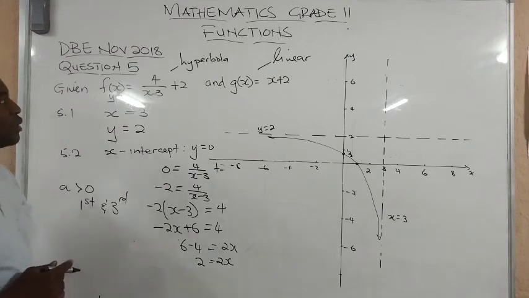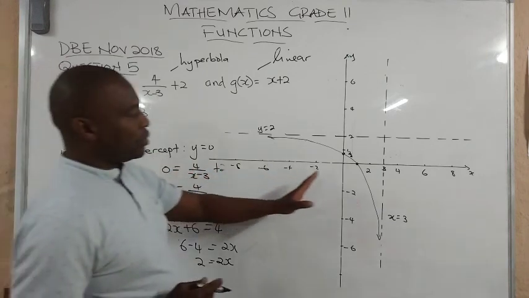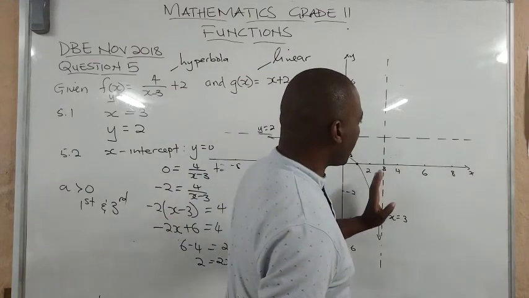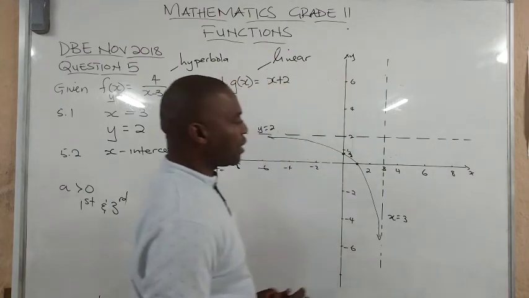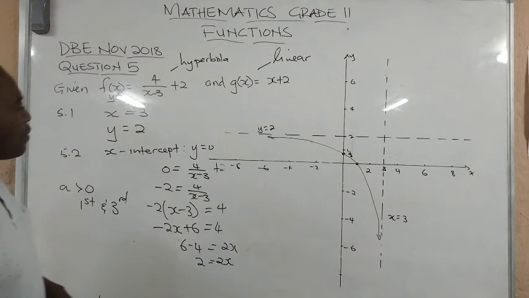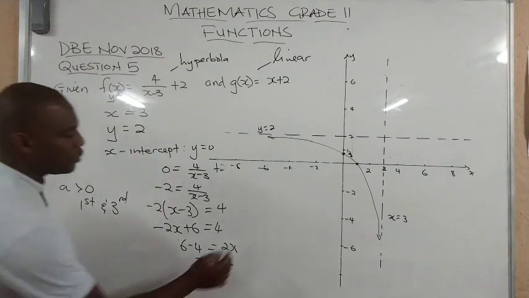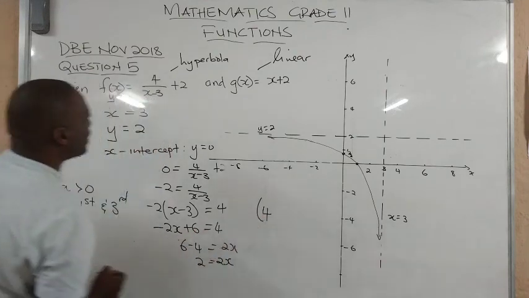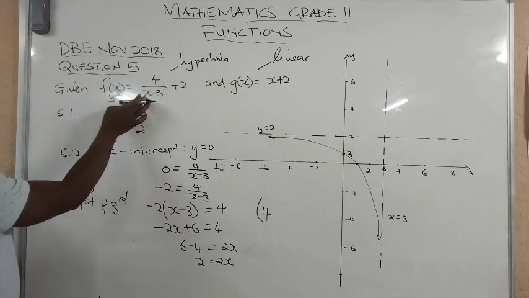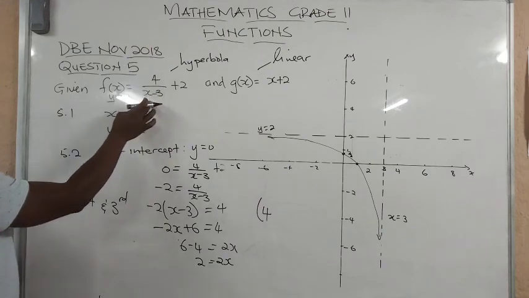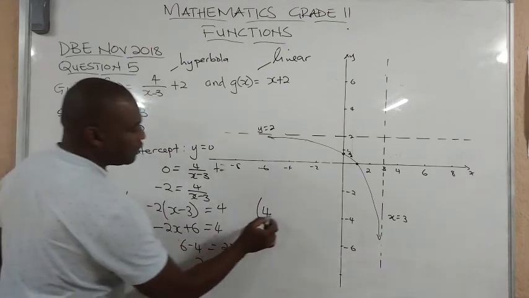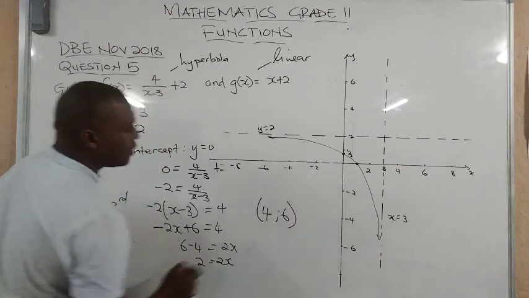So we choose convenient points which are after 3. So we can choose 4. If we choose 4, when x is 4, that will be 4 minus 3, so it's 4 over 1 plus 2, that gives us 6.